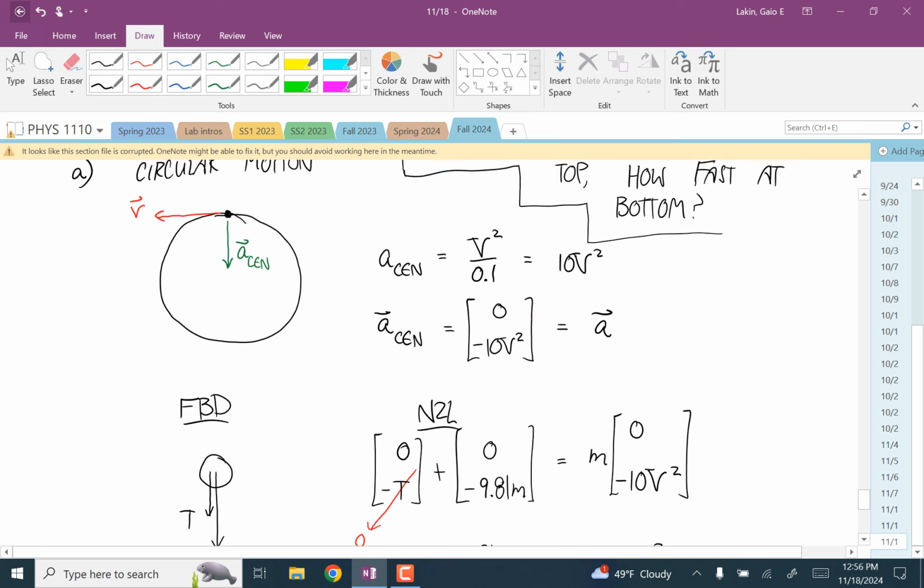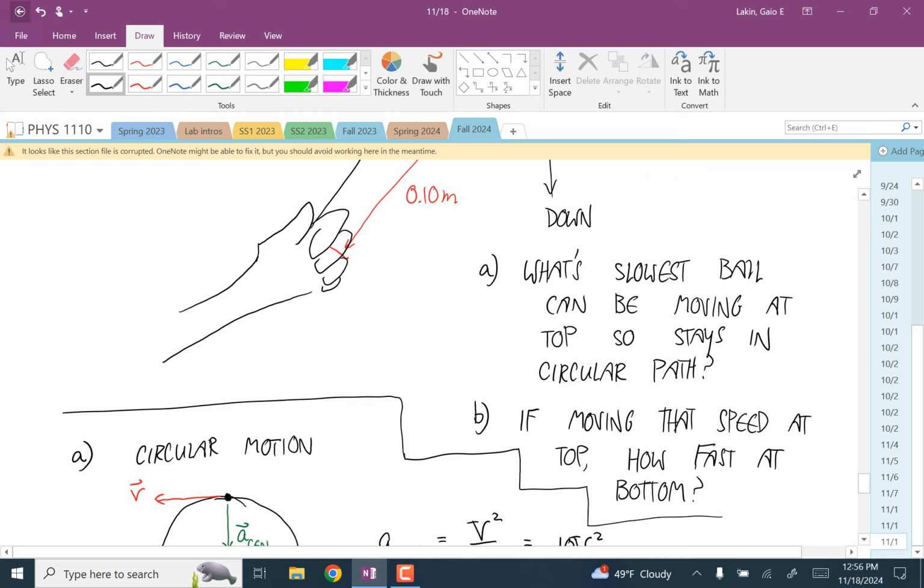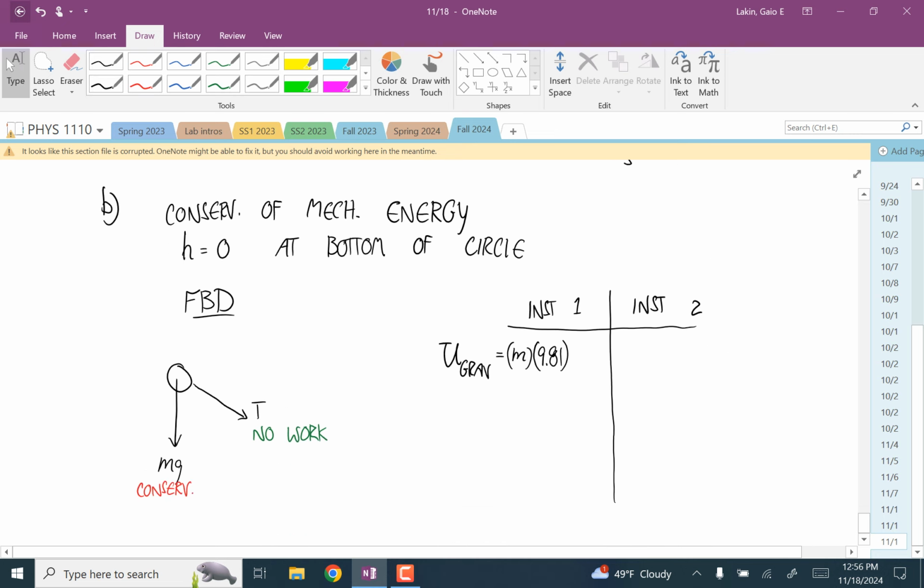Well, the length of the string is 0.1 meters. That's the radius. So the height is going to be 0.2. So this is 1.962 m for the gravitational potential energy.